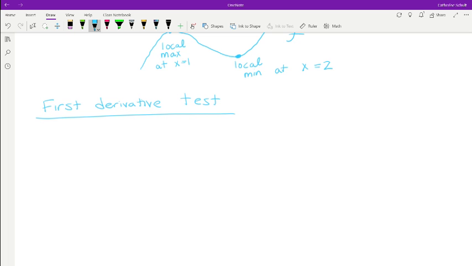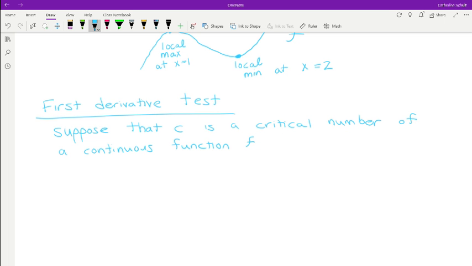All right, so let's suppose that c is a critical number of a continuous function f.